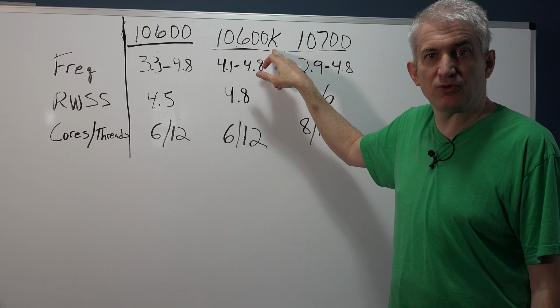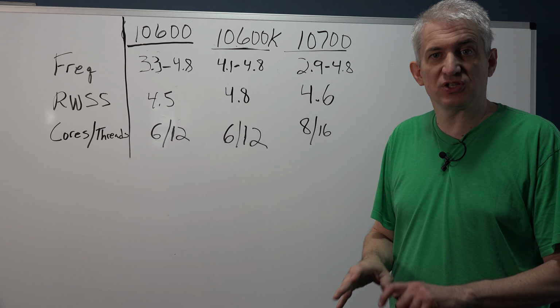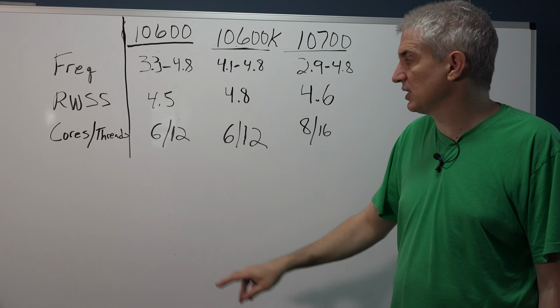Now I'm going to skip down to the bottom line here and talk about cores and threads. The i5s have 6 cores and 12 threads. Now that's an enhancement. The previous generation i5 had 6 cores without hyperthreading, so it only had 6 cores, 6 threads. The new i5s have 6 cores and 12 threads, indicating they have hyperthreading.